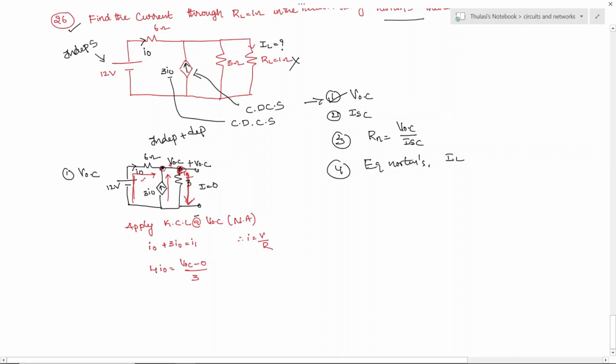So we can write 4 into 3, which is 12 I naught, is equal to VOC. I need to find this I naught. How to write down I naught? You see the current I naught flowing from this point to this point.